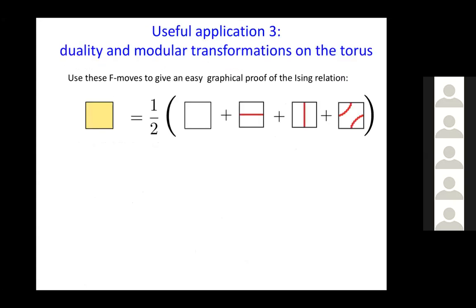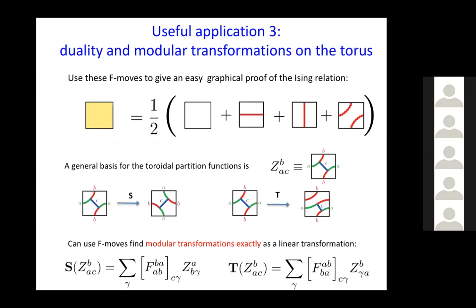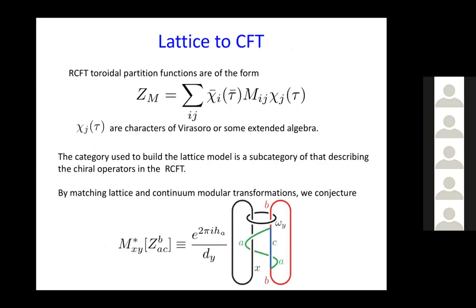Let me flash another quick one before I get to the one bit I wanted to linger on for a little bit. Again, you can talk about this on the torus, you can do duality on the torus, and in fact, we have a general formula, a conjecture, I should say. So this we haven't proved.